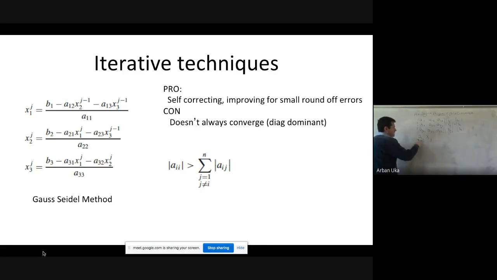So i is fixed, j is interchanging, meaning we change the columns one by one, and this is going to be equal to bi. To get b2 in the second row, we assume i is equal to 2, and j is equal to 1 to 3. So this is actually the system of equations.